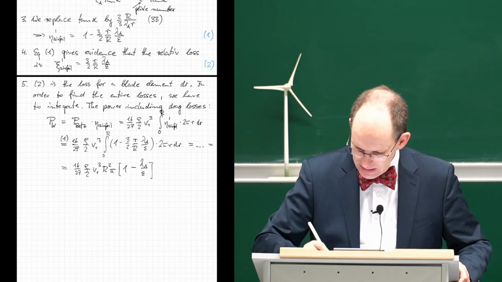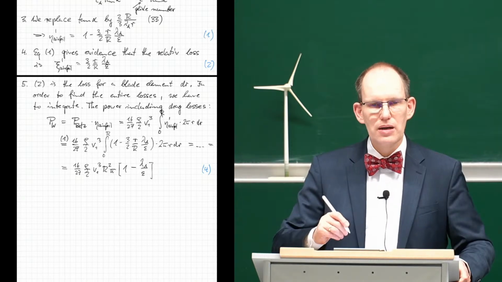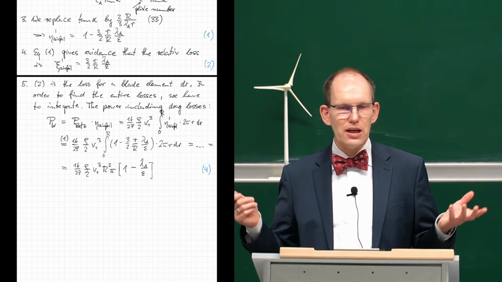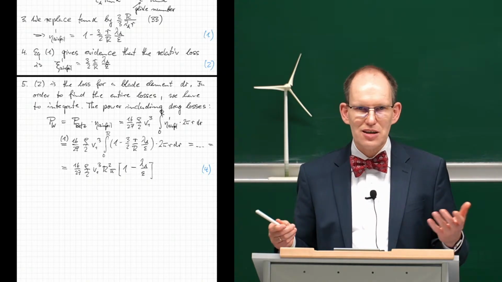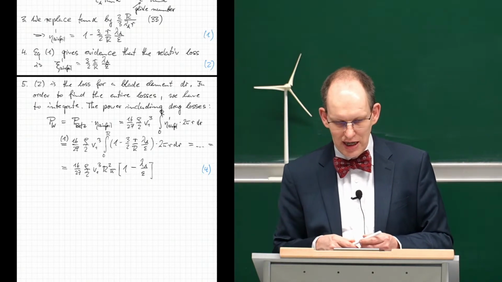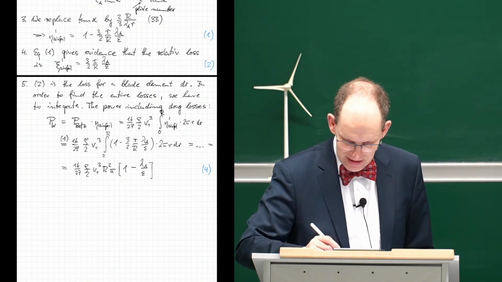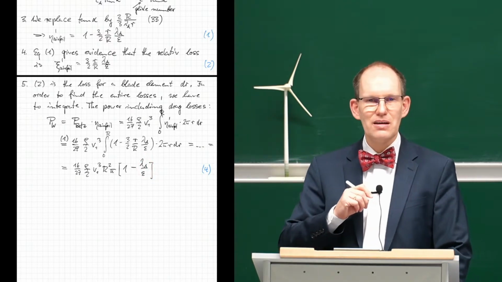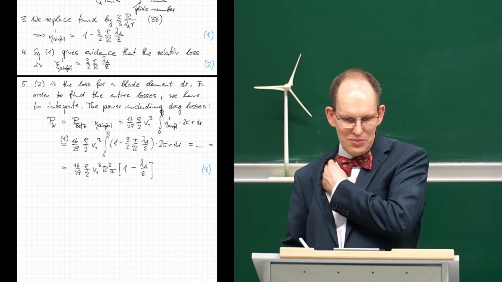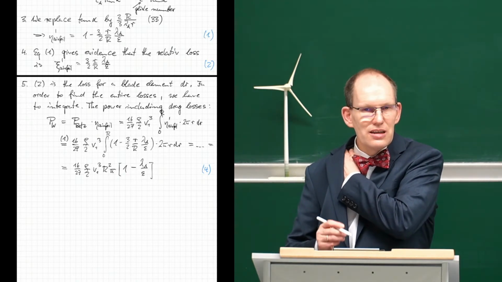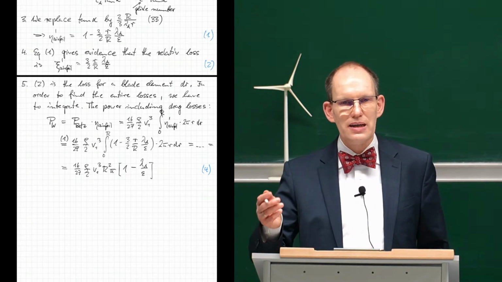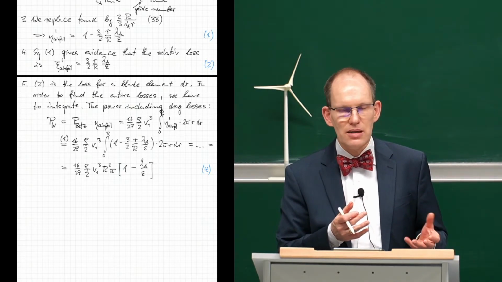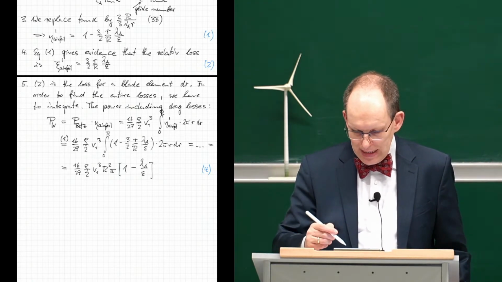I would say that this is an extremely beautiful formula, because all the complications that you would expect from such a complicated phenomenon like drag are just in this factor here, the tip speed ratio divided by the glide number. Now you could ask, does it make sense? Of course it makes sense, but why?